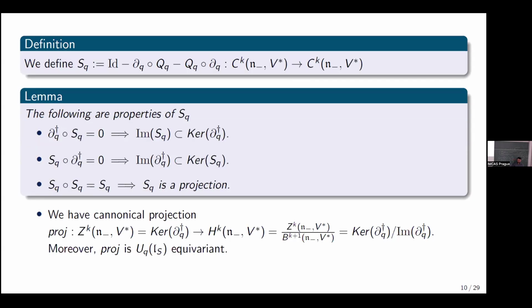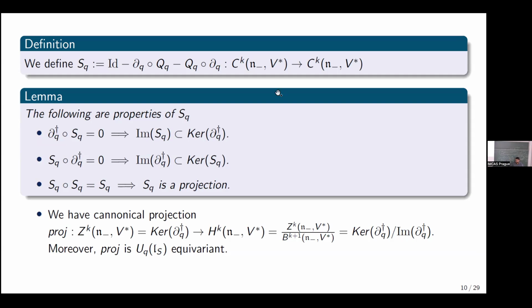Yeah. So we have the canonical projection. If you go to the last part, we have the canonical projection from ZK, since we are talking about the cochains in this language, it's the kernel of partial Q dagger, and the canonical projection tells you it lands in this HK, which is the quotient of the kernel and the image.